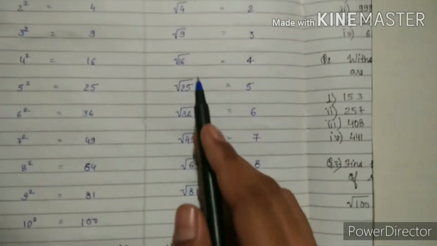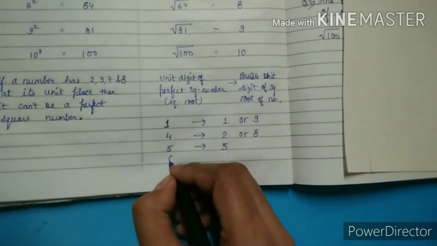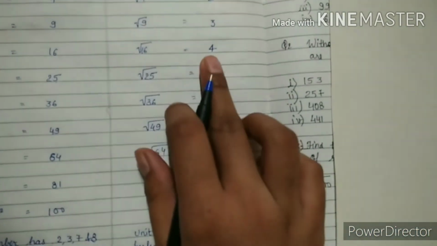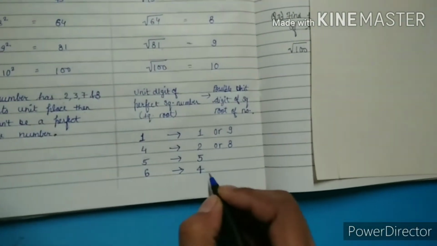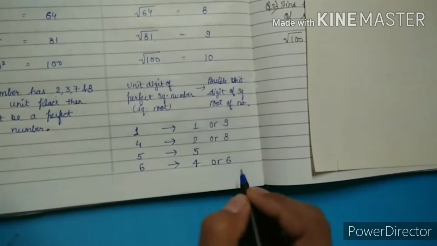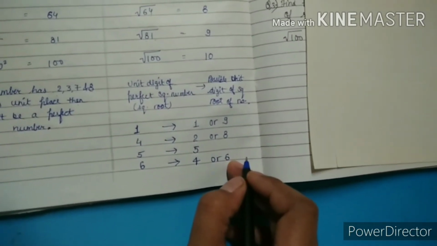So when the unit place of the number under the root is 6, at that time their answer can be 4 or 6 on the unit place.